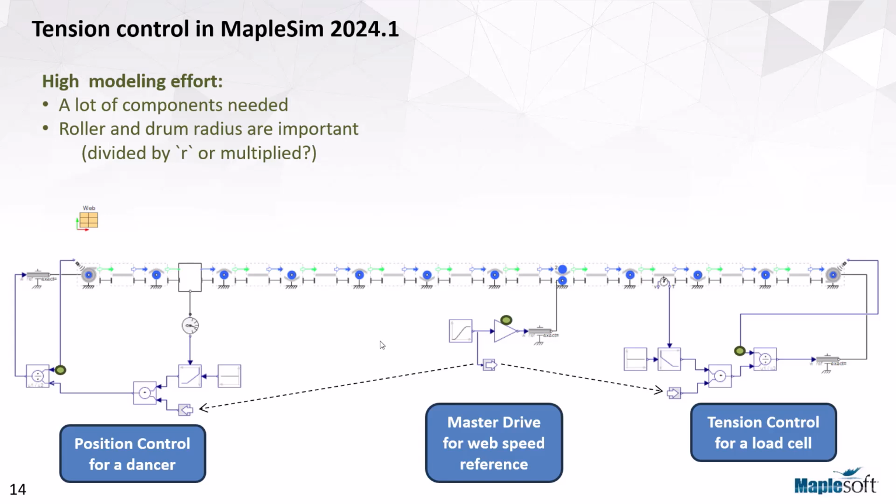But each of these steps needs a lot of effort. You have to drag and drop the right components, connect them, define all of the parameters in these components. Personally, I'm thinking each time about, should I multiply or should I divide my web speed with R to get the rotational speed?